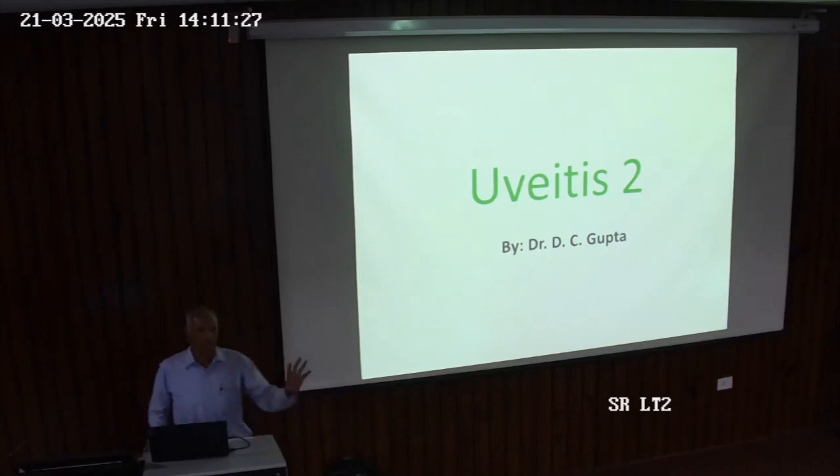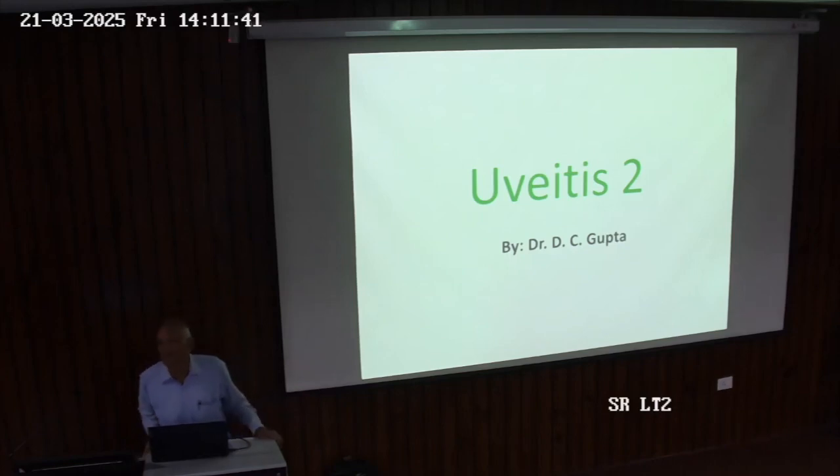Depending upon the quantity and severity, it is graded 1 plus, 2 plus, 3 plus, 4 plus. Clinically, if you can still see the details of the iris and the lens, that is 1 plus. Lastly, if you cannot see anything, that is the most severe flare. So these two are important. Other signs are ciliary congestion, synechiae, or hyphema.